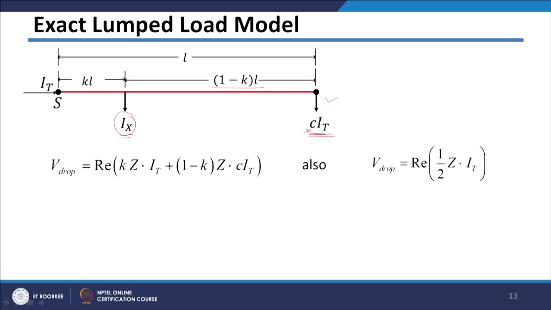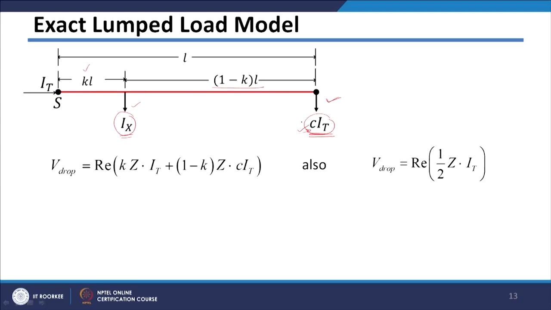So, some part I am lumping at the end and remaining part I am lumping at some location around the feeder, and I want to calculate what is this location and what should be my lumped load at these locations. So, basically I want to calculate what is the value of K and what is the value of C.